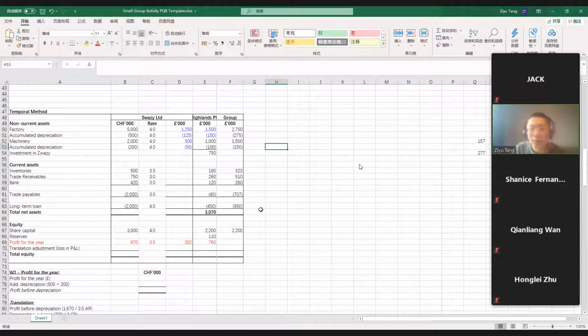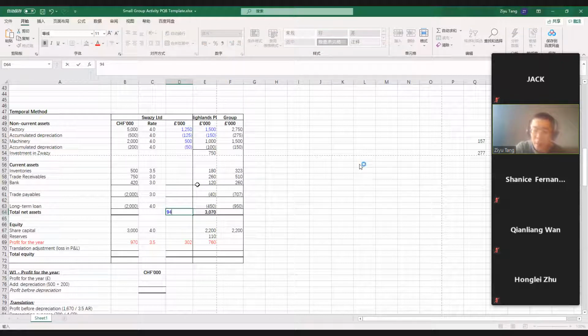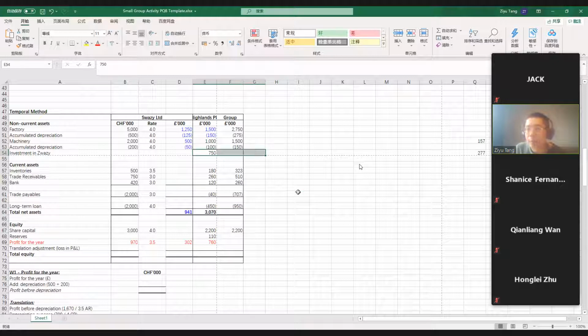The only thing you need to pay attention to is that if you calculate the net value here, it's equal to 941. But when you calculate the net assets of the Highland group, you can't directly add 941 with 3,070 to calculate the group net assets value, right? Because you have canceled some item. You have canceled 750.